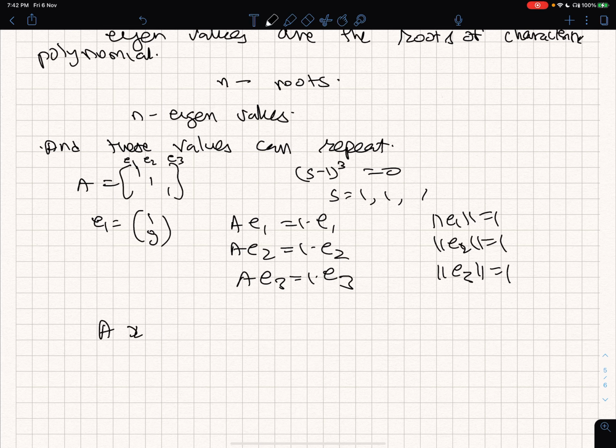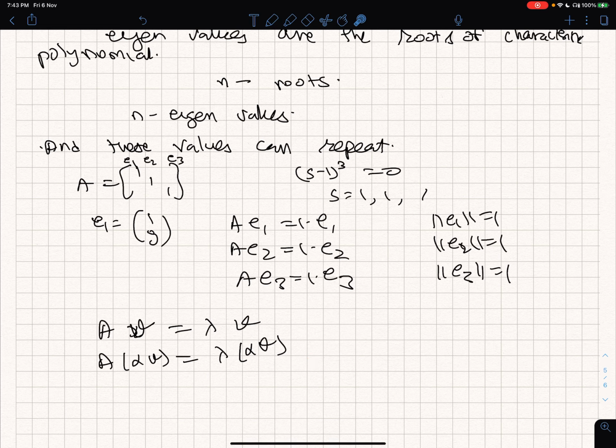Because suppose V is an eigenvector, so A V is lambda V. Now I multiply the eigenvector by some alpha, then I get lambda alpha V on the right-hand side, which is nothing but saying that if V is an eigenvector, alpha V is also an eigenvector with the same eigenvalue.